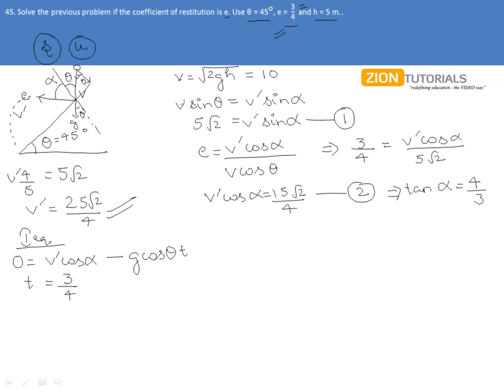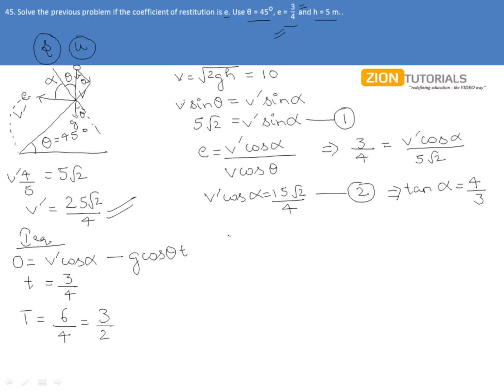But the time of flight is double of this, because it is the time taken by the ball to reach the highest position, but it will be coming down. So the time of flight is 6/4, that is 3/2.